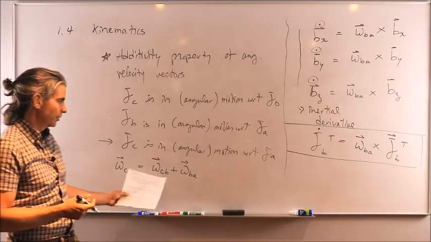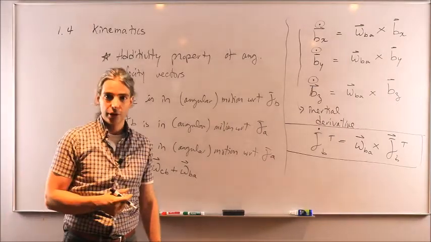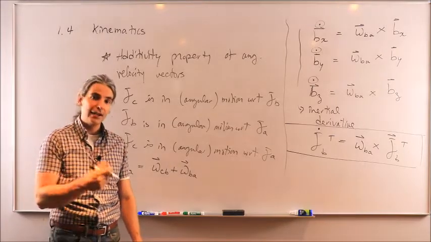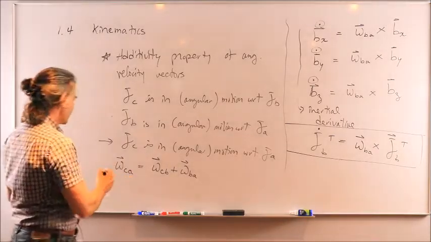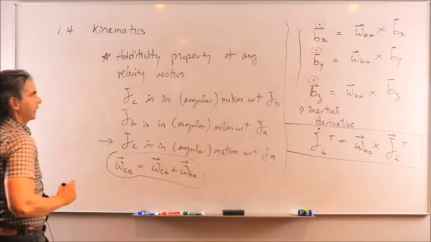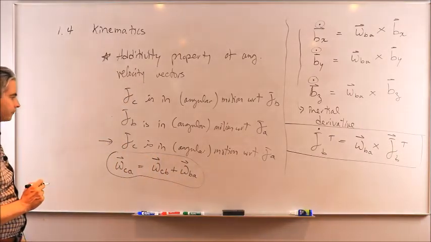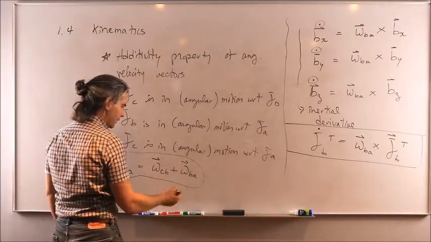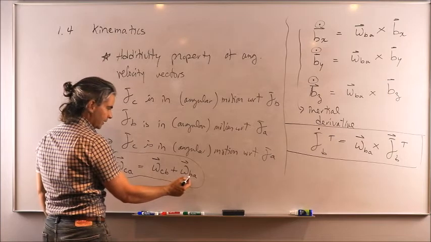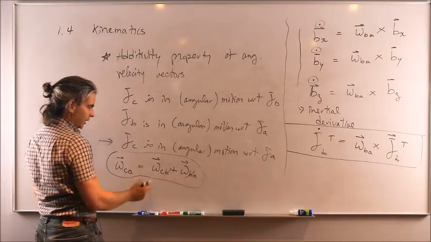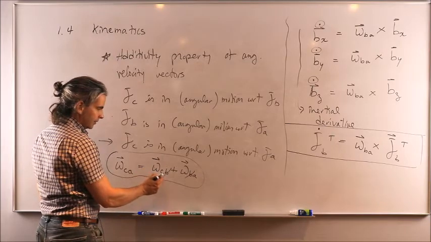If you know the components, you add the X components together, you then add the Y components together, and finally you add the Z components together. So this is the additivity property of angular velocity vectors. And again, the trick to remember how they can be added together is just by looking at the subscripts. The B's are kind of next to each other, so they cancel out, and you're left with omega C A.